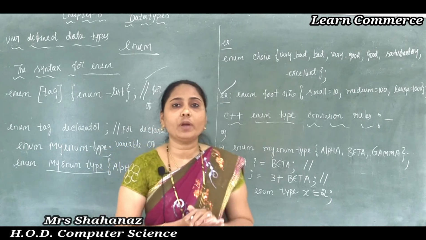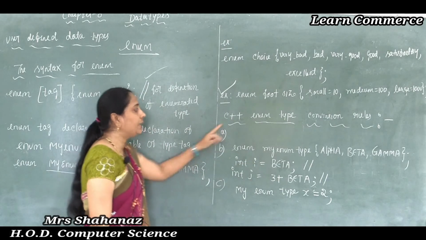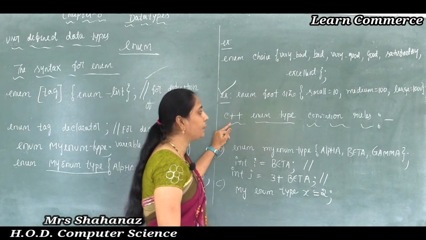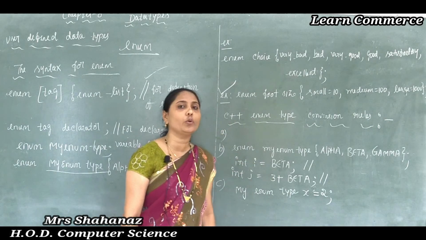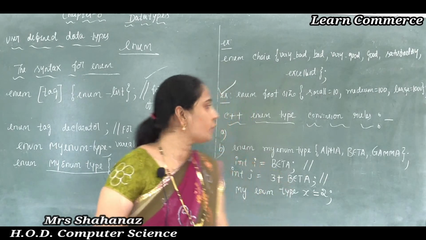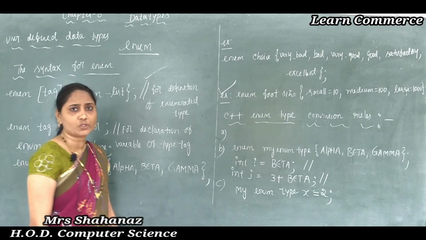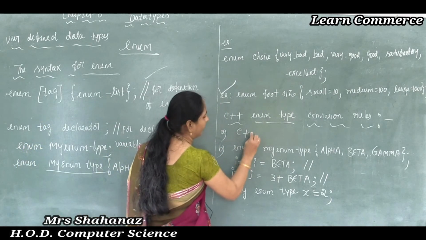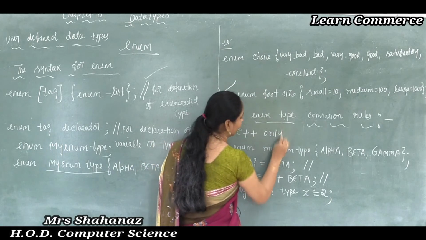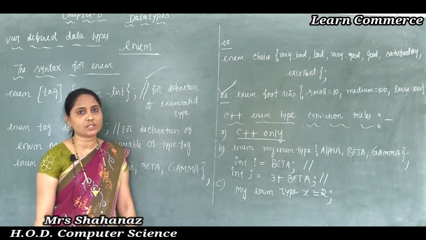Now after the enumerated data type, the last concept of this chapter is the C++ enum type conversion rule. There are some rules. So now first of all, point number A: this rule applies to C++ only. Which concept are we in?